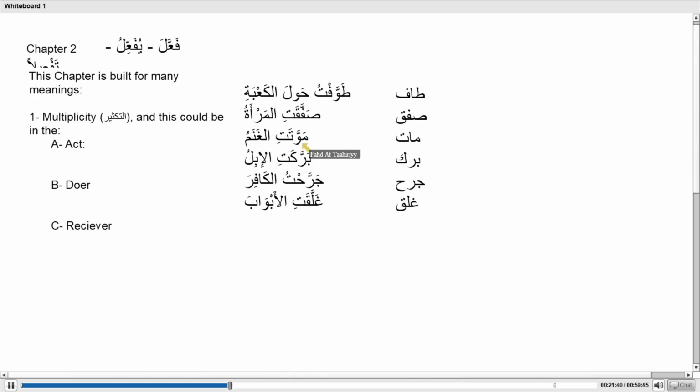That's the only thing you do here. Clear? طيب. No, it doesn't mean one sheep died because الغنم is plural. Clear?